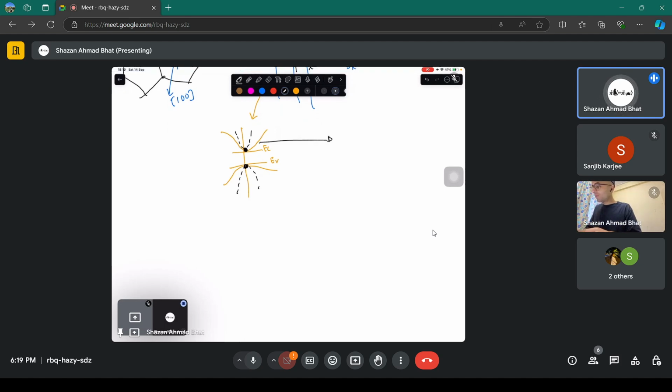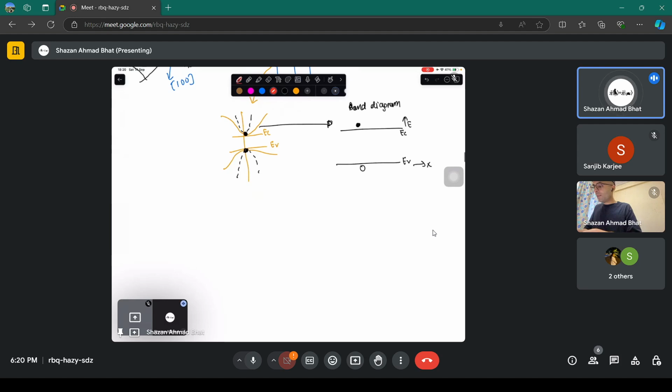Then you map those electrons into something called a band diagram, where you plot the energy versus the space coordinate, and you call this the conduction band and this the valence band. Whenever you have to deal with vacant space, you deal with the vacant space in the valence band, and with the electrons in the conduction band.